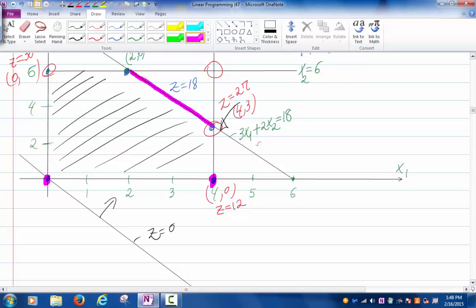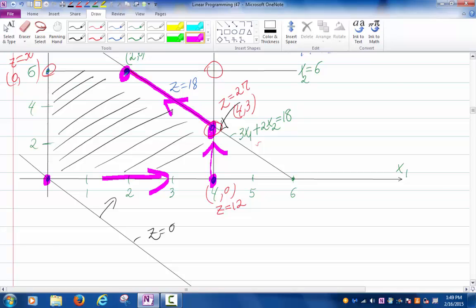And our next solution was 4, 3. And then 2, 6. So we moved in this direction, and then this direction, and then this direction. So the Simplex basically took you from 0, 0, to 4, 0, to 4, 3, to 2, 6.